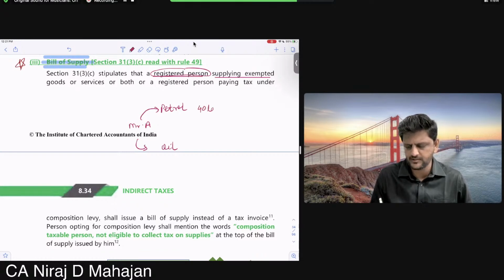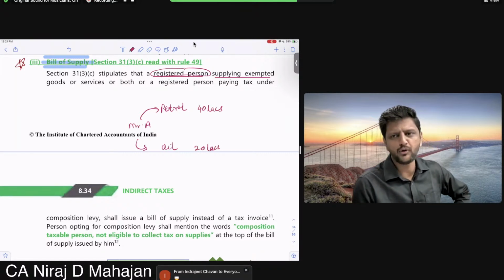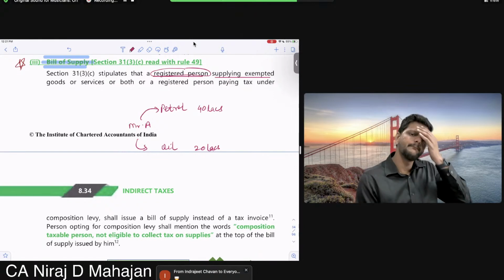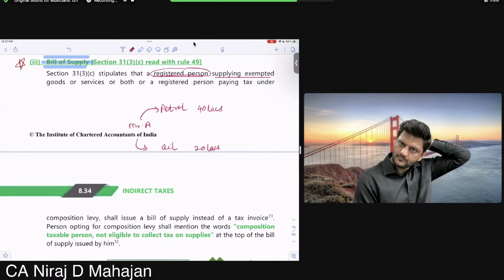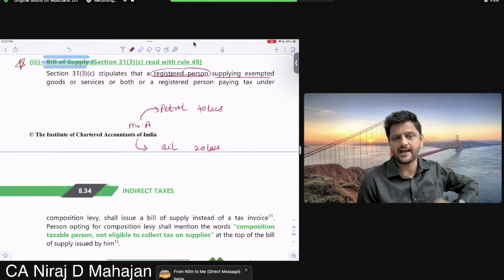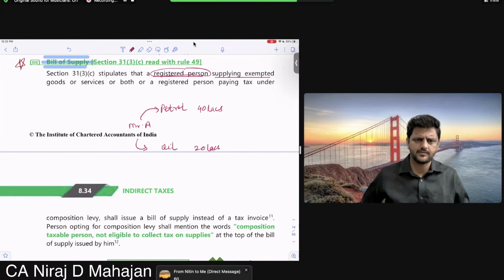This is 40 lakhs. He has made supply, and this is 20 lakhs. Okay? Liable or not liable for registration? Liable, because aggregate, बच्चों, is more than 20 lakhs. When I say aggregate, means aggregate of exempt as well as taxable.